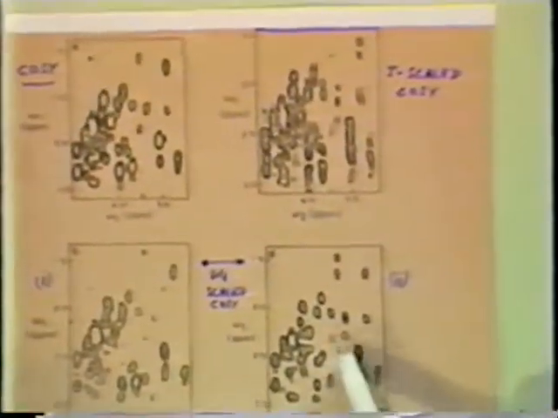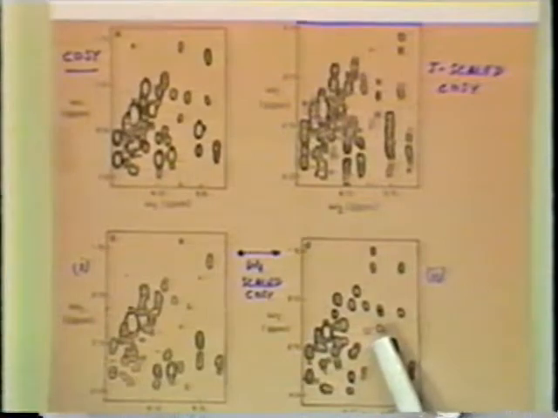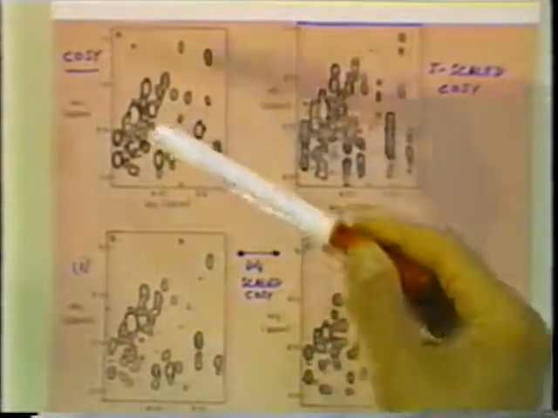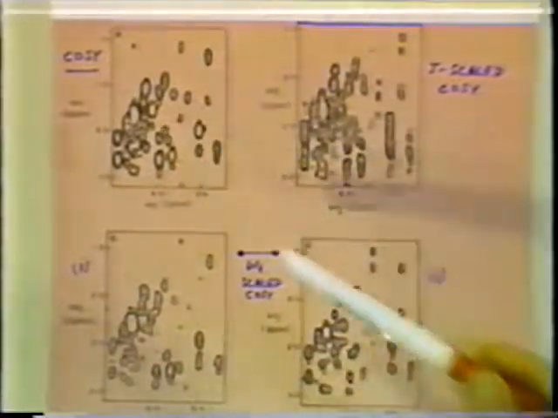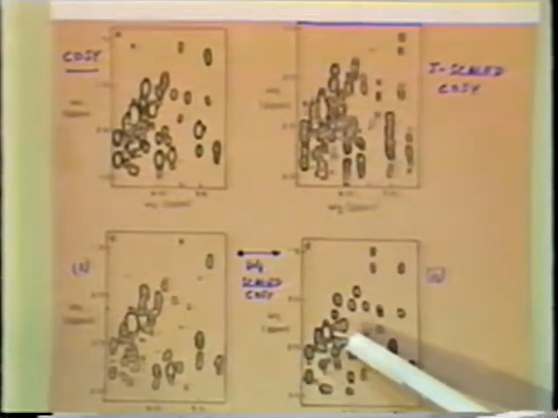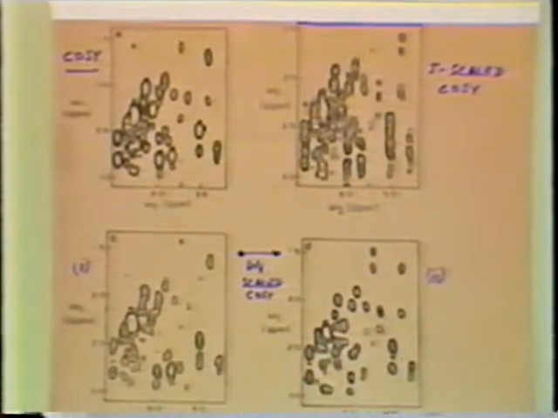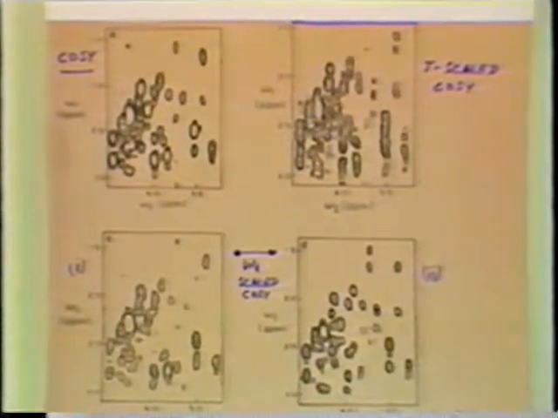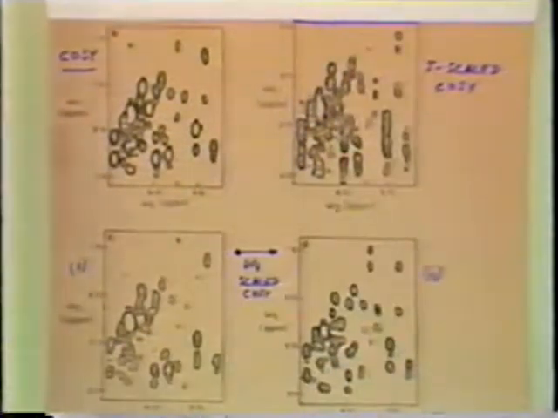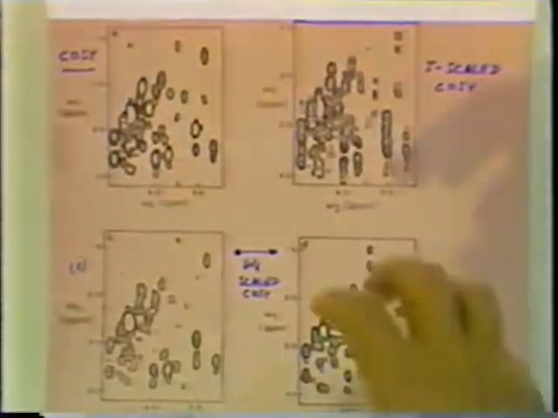This is seen clearly in the second scheme of the scale COSY, omega-1 scale COSY, and it has higher resolution than this and lower intensity. Between these two, this looks better. And I think this feature of the increasing intensity makes the resolution better, and therefore this is a better experiment to do.